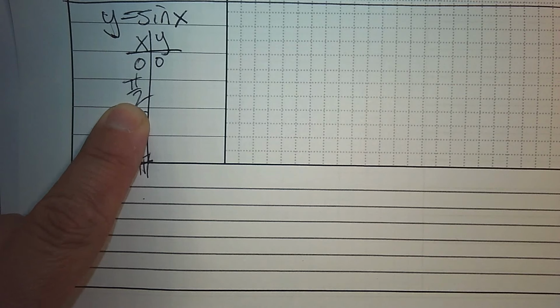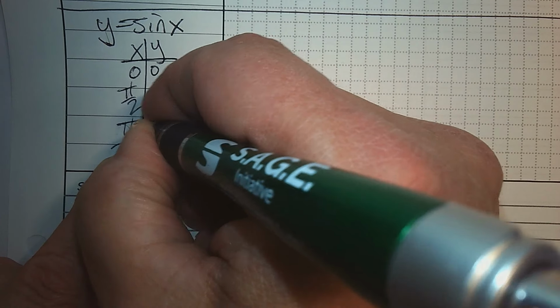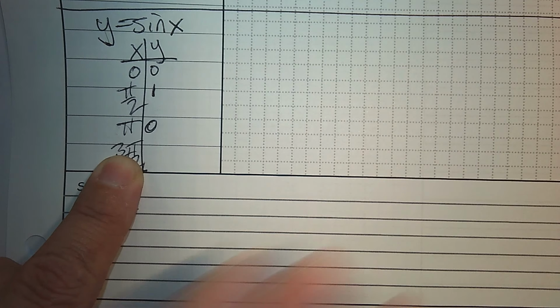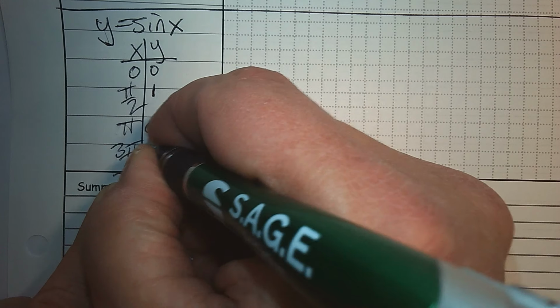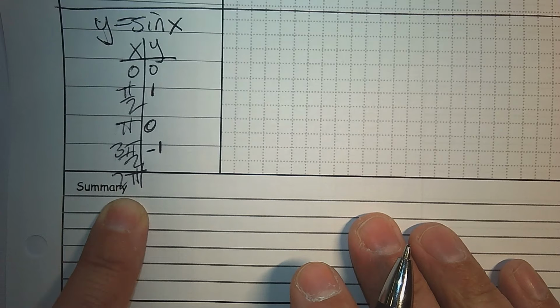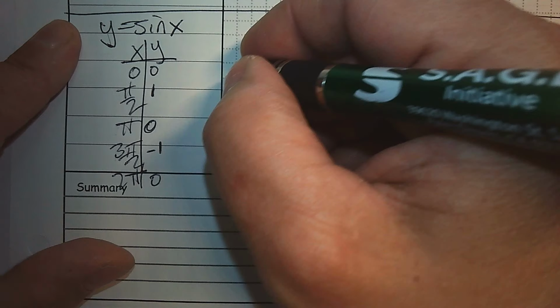At pi over 2, the y-coordinate is +1. At pi, the y-coordinate is 0. At 3 pi over 2, we're at the bottom of the circle, it's -1. And then back to the beginning again, it's 0. We're going to graph this.